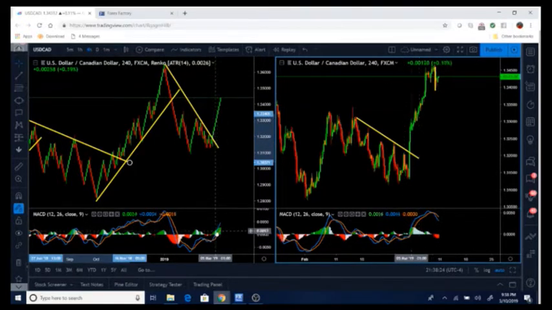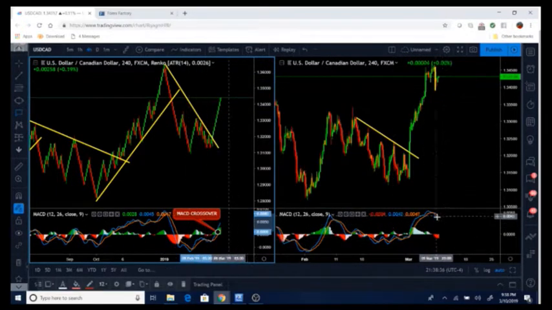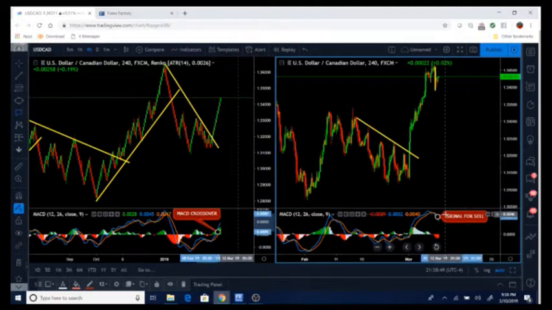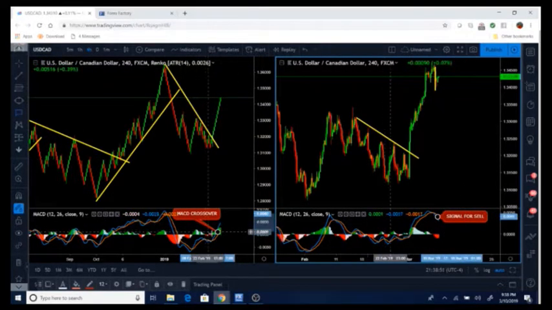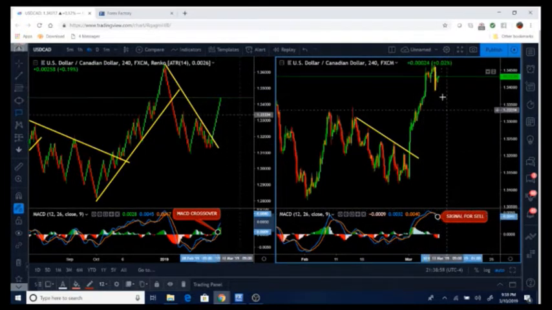On Renkos, price is just crossing over through your histogram. MACD crossover, right? Candlesticks, signal for sell. Right? Big difference. On your MACD on Renkos, big uptrend. Your MACD on candlesticks, it's telling you, hey, we're in an overall uptrend, but we're getting ready for a sell.